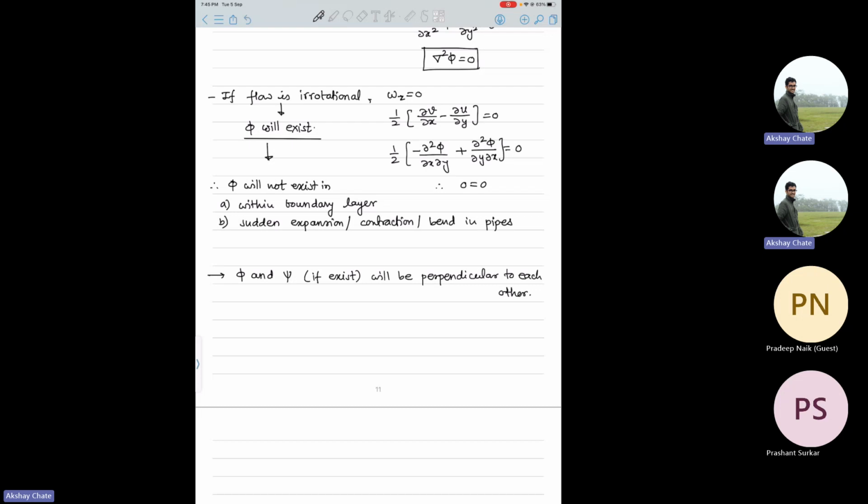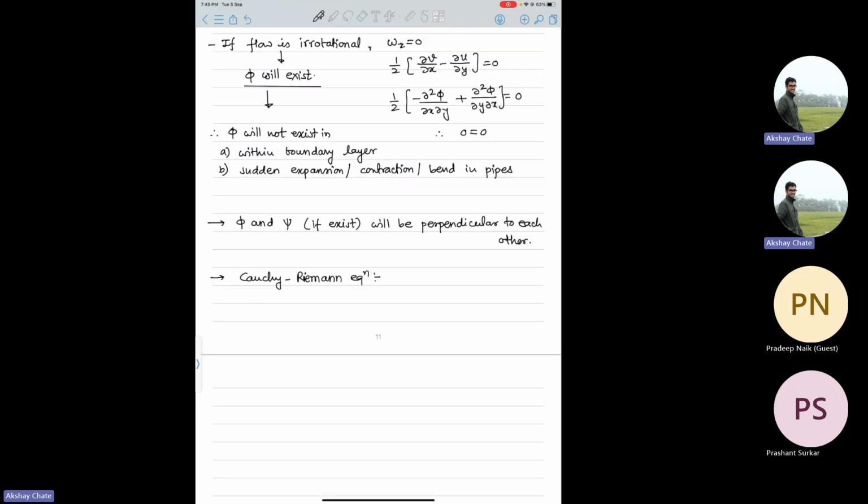Maybe one last thing in this is something called the Cauchy-Riemann equation. Basically, using some algebra, they have coupled these two things: del psi by del y equal to minus del phi by del x, and del psi by del x becomes del phi by del y.